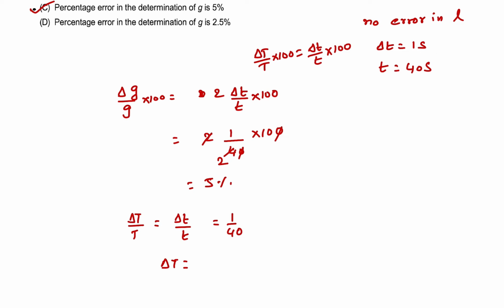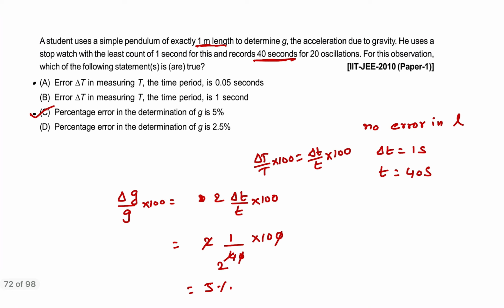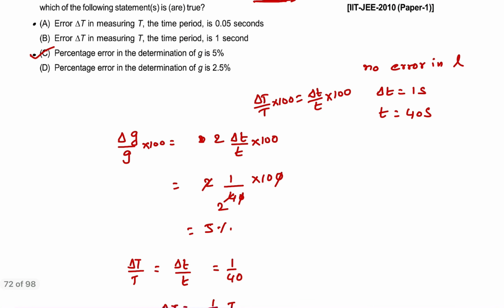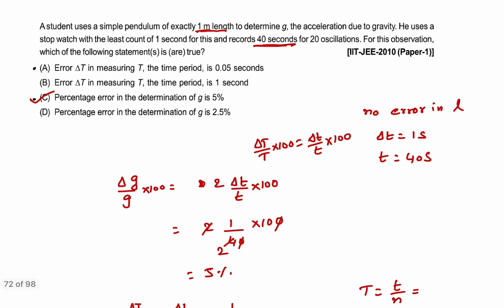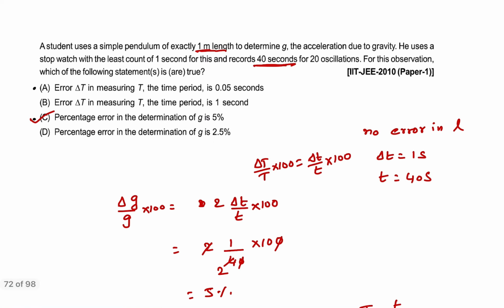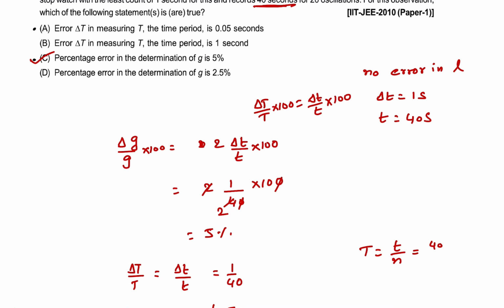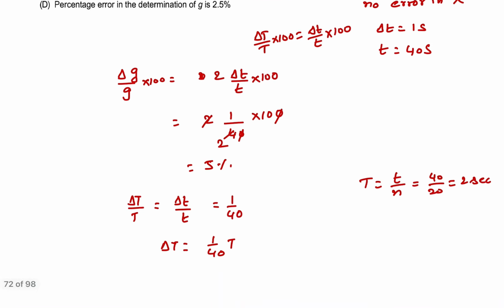Now, the error delta T in measuring the time period of 0.05 seconds. We can see delta T by T is equal to delta t divided by t, that value is 1 by 40. So delta T is equal to 1 by 40 into T. The time period T is equal to time per number of oscillations.